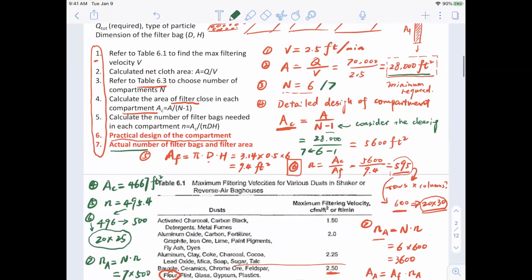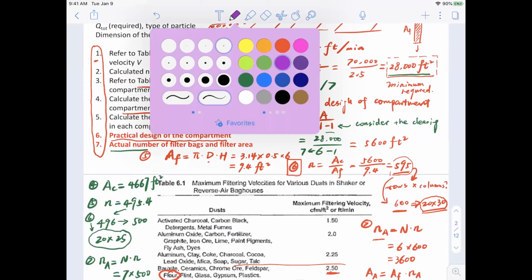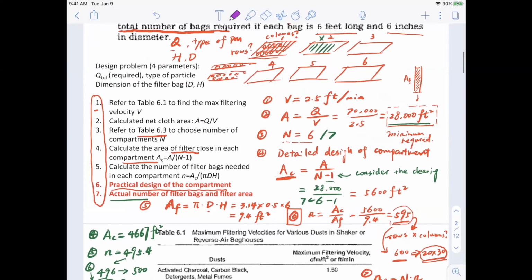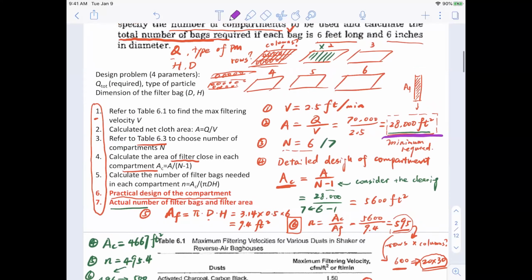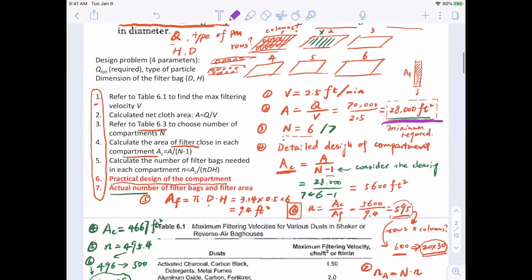So what I want to mention is that to solve this problem, we shouldn't just stop here because this is the minimum required area. It's not the actual area of the baghouse filter system, right? And also once we come up with the number of compartments, when we calculate the area of the filter bag in each compartment, we have to divide this total area by n-1. This is to consider the cleaning condition where we remove one of the compartments offline.